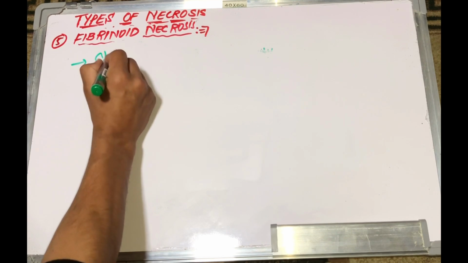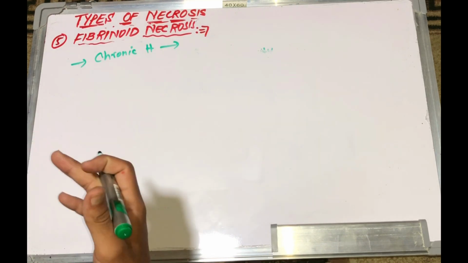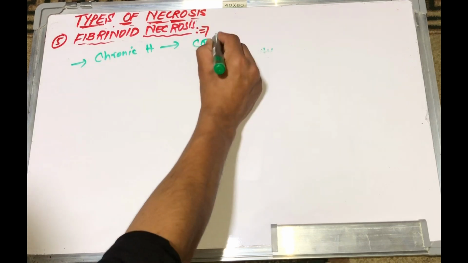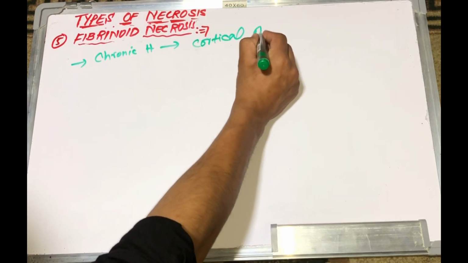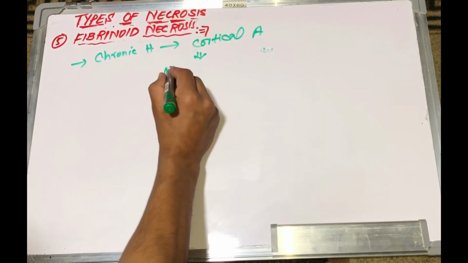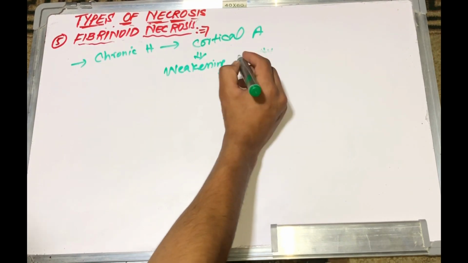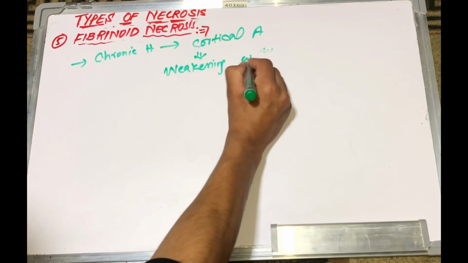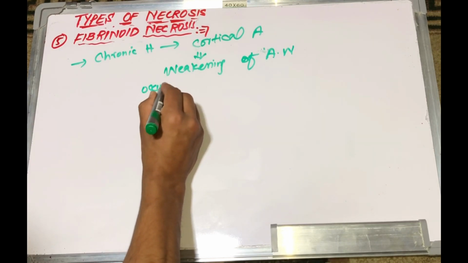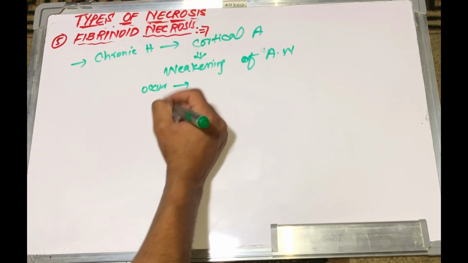So in chronic hypertension, it causes fibrinoid necrosis in the cortical arteries, due to which weakening of the arterial wall occurs. As a result, there is a formation of small pouches.